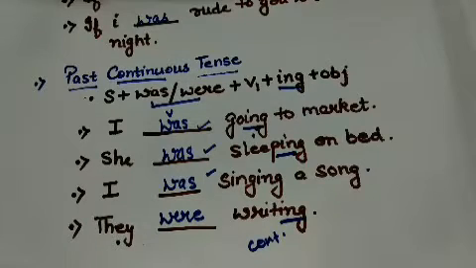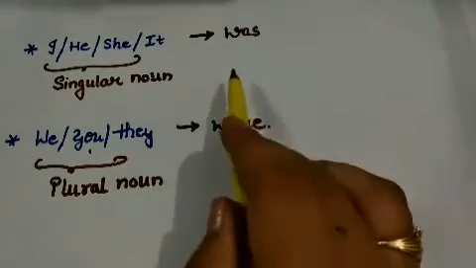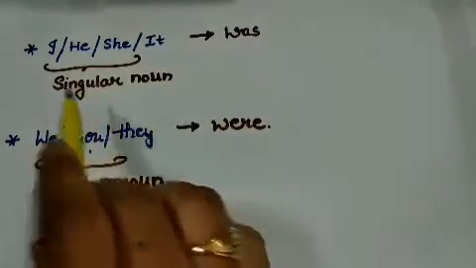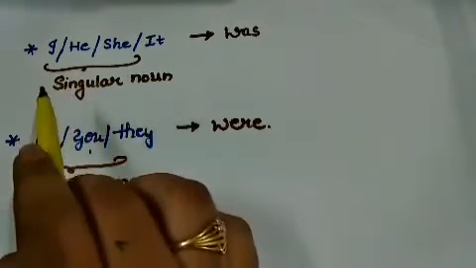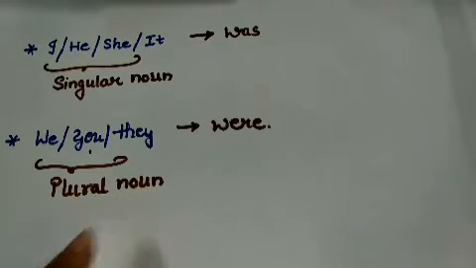They have already written, so I am using they were writing. So friends, this is very clear that we use was with singular nouns like he, she, it, I, and we use were with we, you, they, and plural nouns.